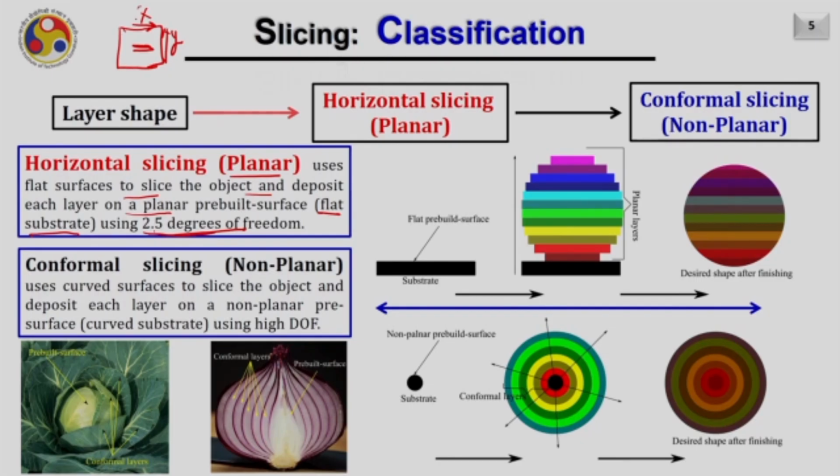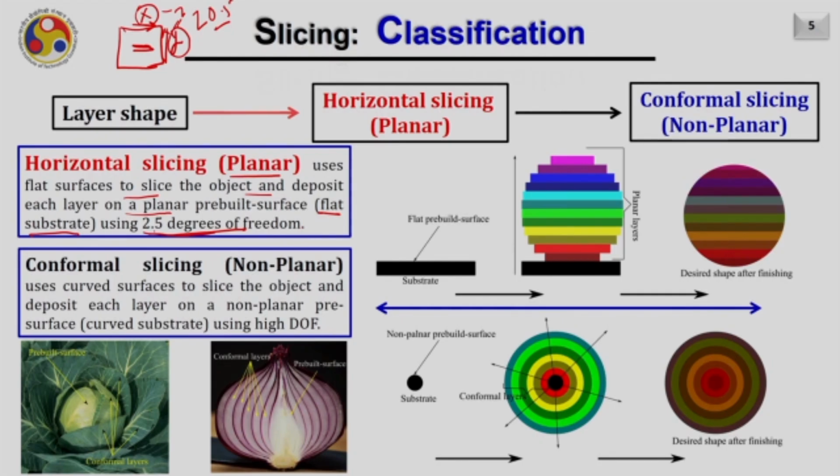So, x and y are continuously changing while depositing the material, while z is changing, but it is intermittent motion. It is not continuously changing. Hence, it is called 2 axis corresponding to xy and 0.5 axis corresponding to z axis. Therefore, 2.5 degrees of freedom are required usually to add the material in the case of horizontal slicing.